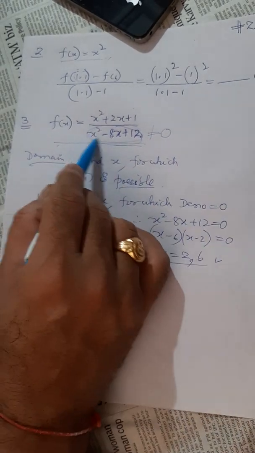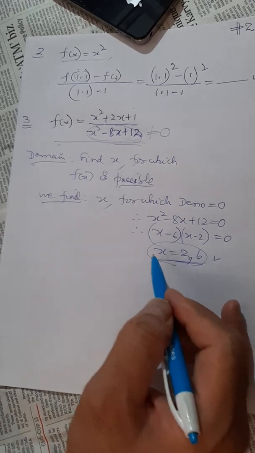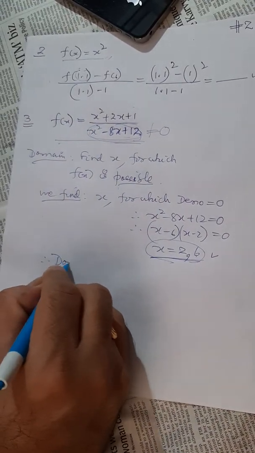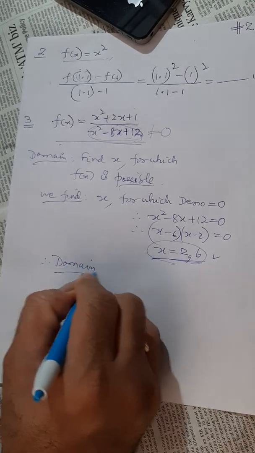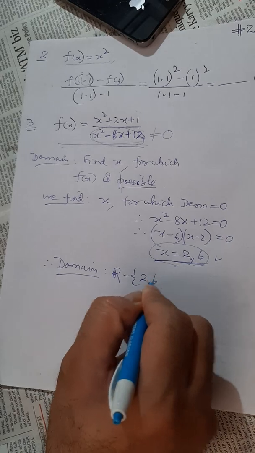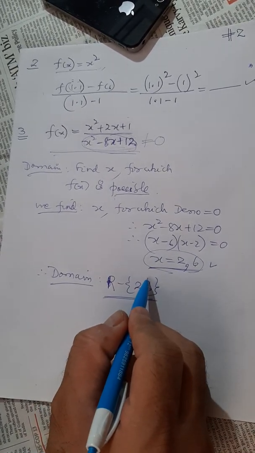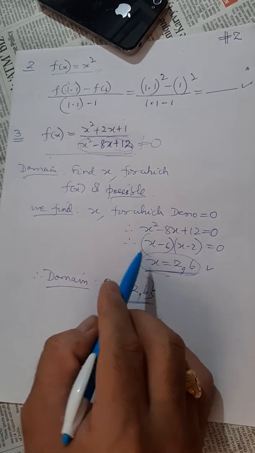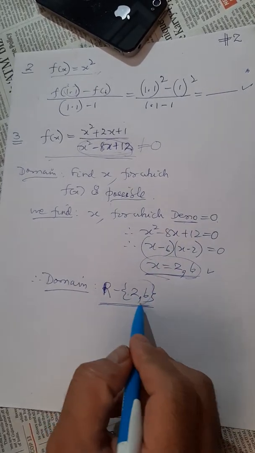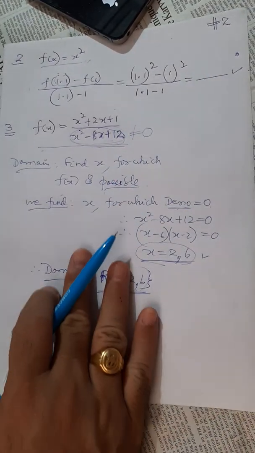Even if I put 6 here, this will be 0. So we need to drop these two numbers from the domain. For any other real number, this is not a question. So your domain will be R minus 2 and 6. You drop those numbers for which the denominator becomes 0 from all real numbers.